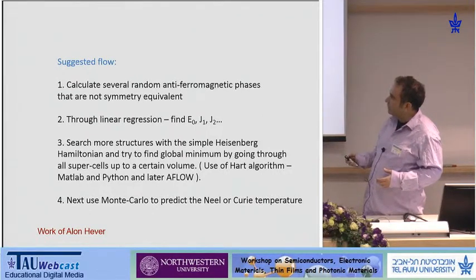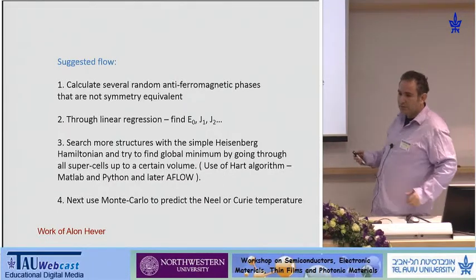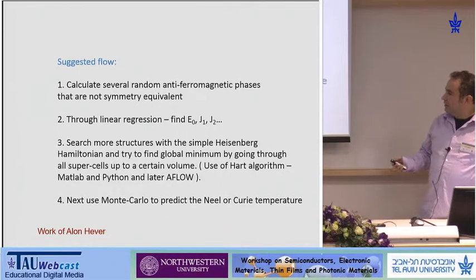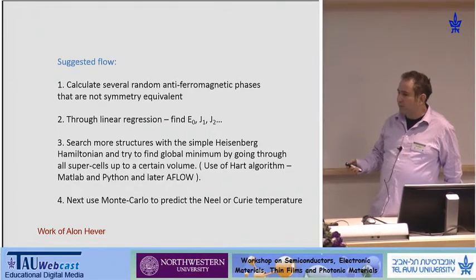We find the J's, and then we search more structures with the simple Hamiltonians to find the lowest energy state, and then use Monte Carlo or known formulas to predict Néel and Curie temperatures.